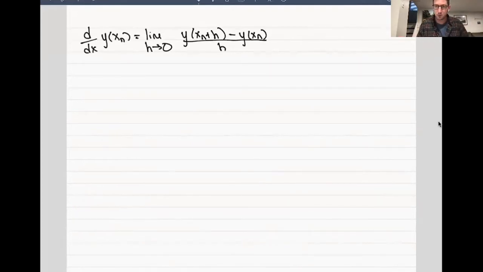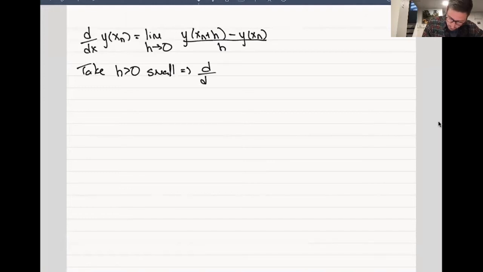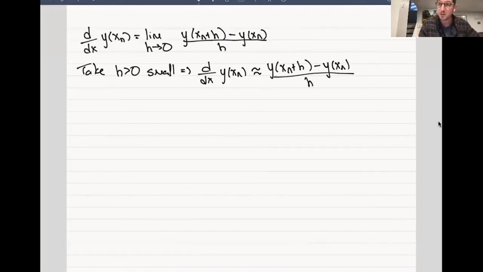Now, we can't do limits numerically. So what we can say is we can take h small. This tells me that the derivative y of xn is approximately equal to this relationship, because this is true in the limit. So if I take h really small, I'm actually approaching this.